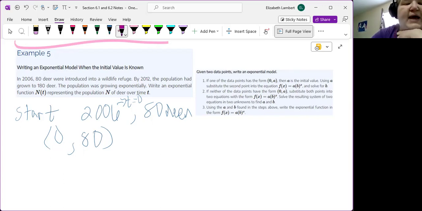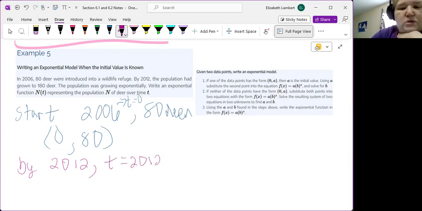All right, then we had by 2012, which is six years later, our population is 180 deer.